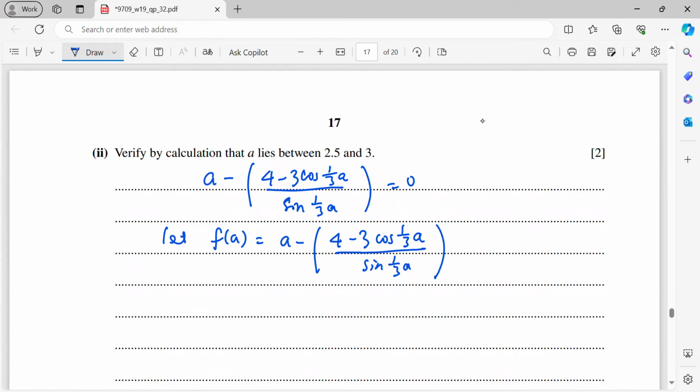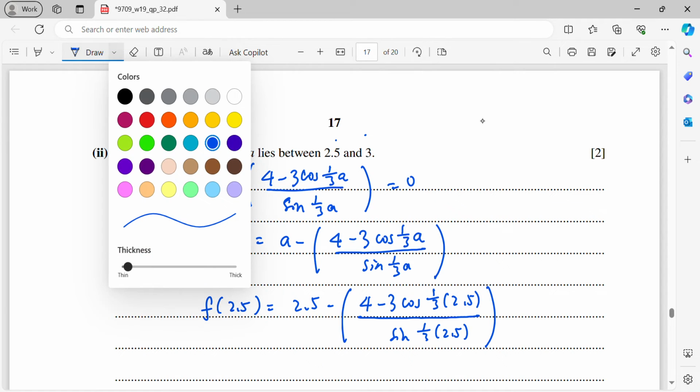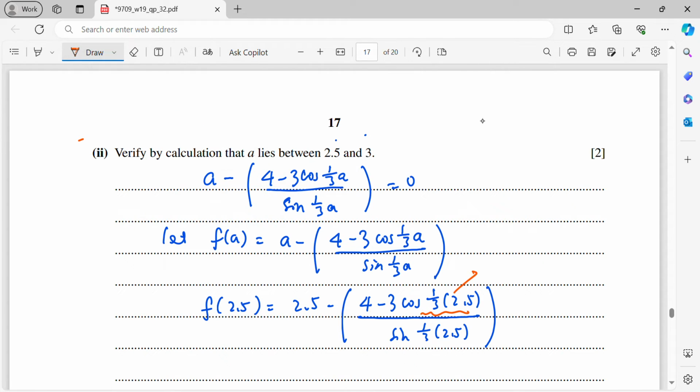Okay, to prove that it lies between 2.5 and 3, just replace the a by the two values. And now when you do calculation, remember this is in radians mode. Okay, so change the mode of the calculator to radians first before you calculate. And this is going to be negative 0.179, which is less than 0.